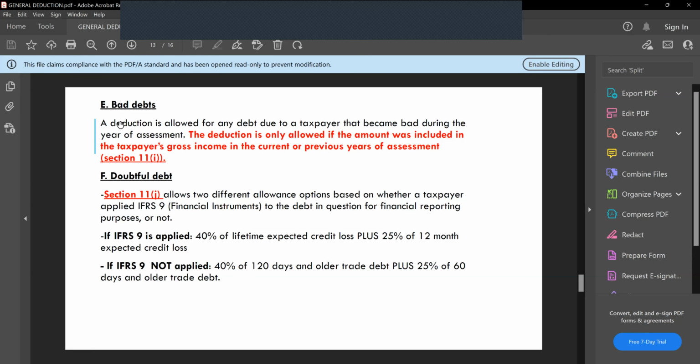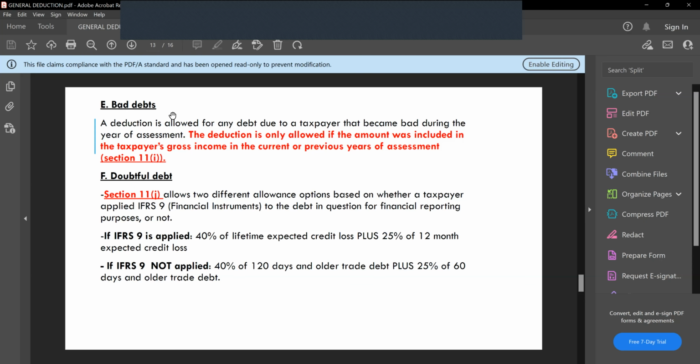But if this is a bad debt which results from a loan to an employer or a loan to a supplier, there's no amount which actually went into the taxpayer's gross income, right? And therefore that would not be deductible in terms of Section 11I.